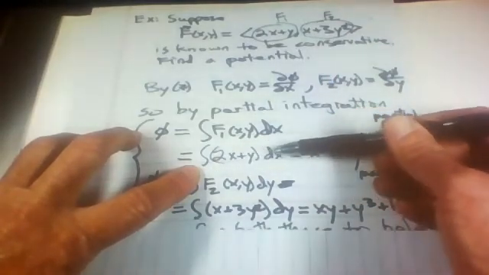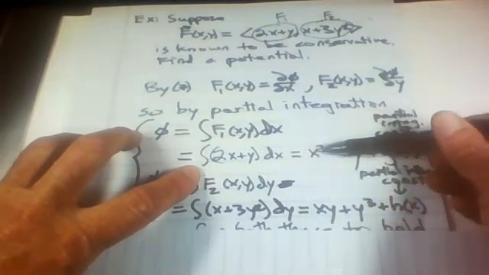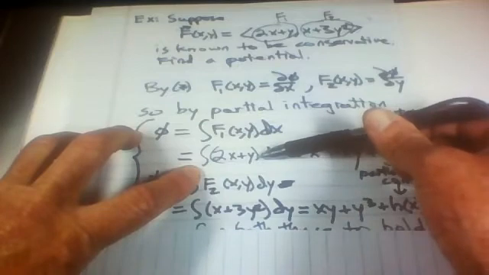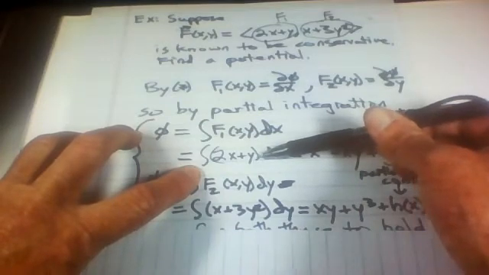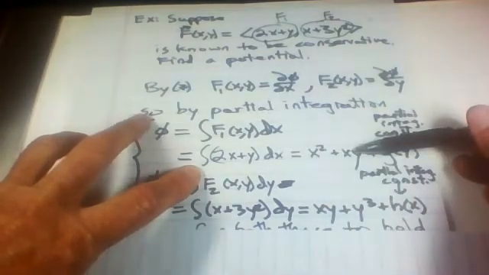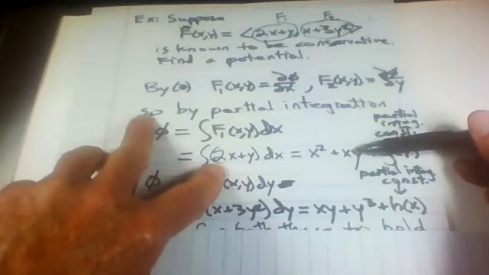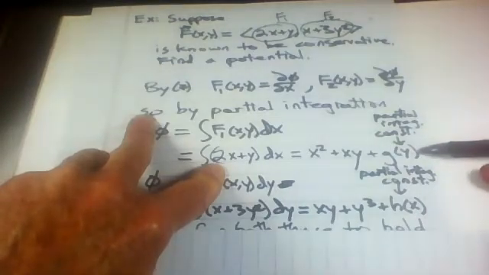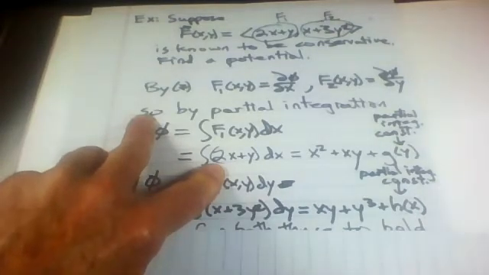the first component is partial phi with respect to x, so I take the partial integral with respect to x, trying to recover phi. The integral of 2x is x squared because I'm integrating with respect to x, but it's a partial integral, so when you integrate y, you treat y as a constant and you just get xy. And then there's an arbitrary constant out of the integration, but the arbitrary constant can be a function of y, because after all, y was treated as a constant within the integral.